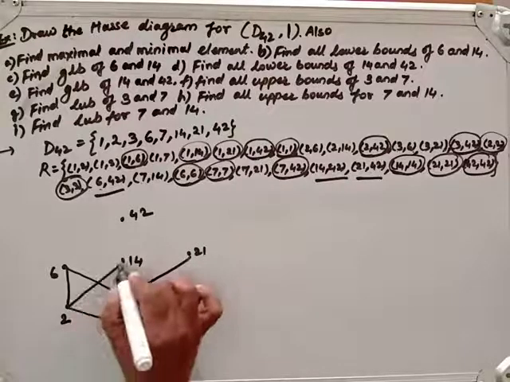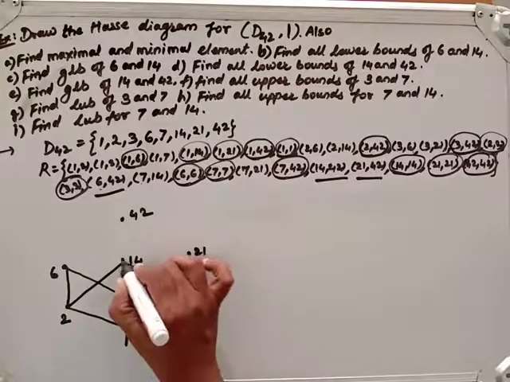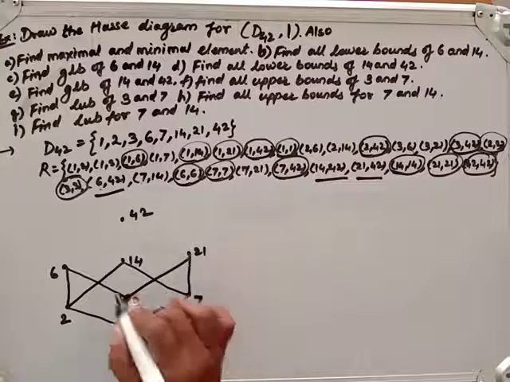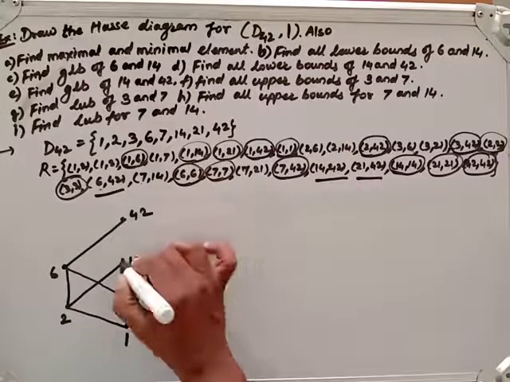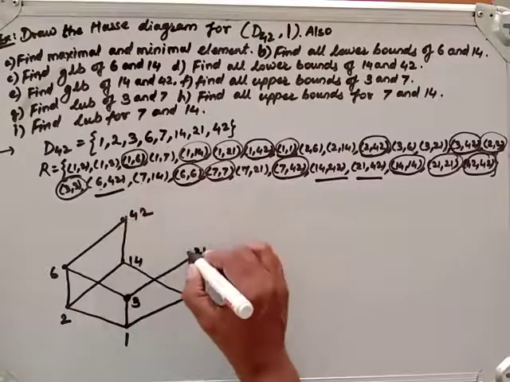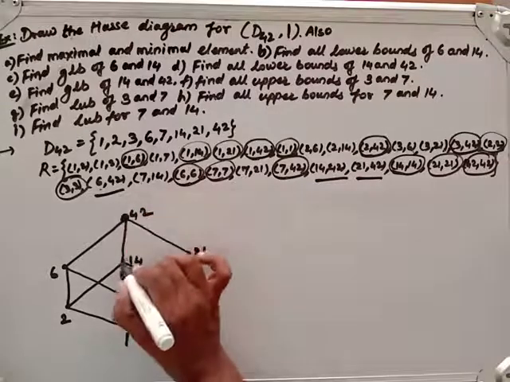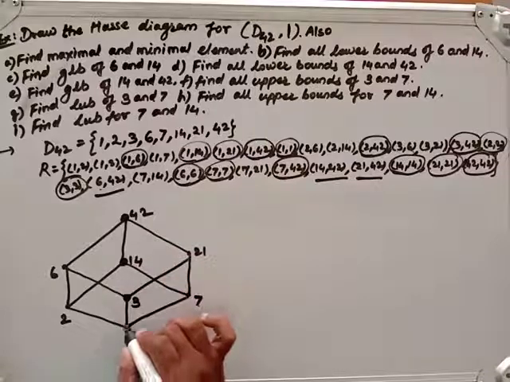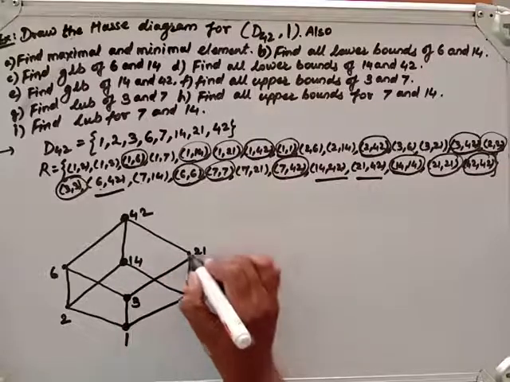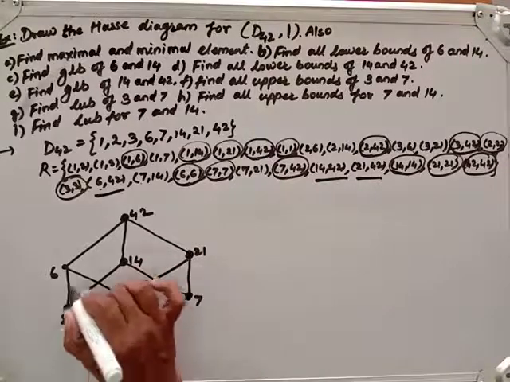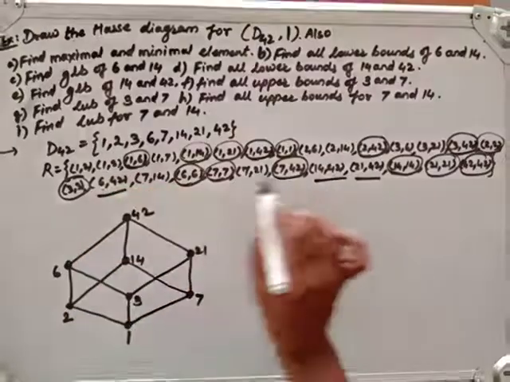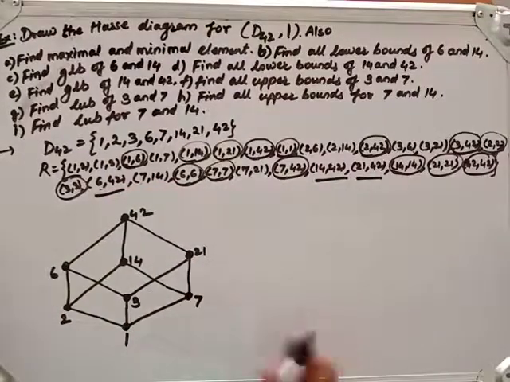Now 7 related to 14, 7 related to 21, 6 related to 42, 14 related to 42, 21 related to 42. As such, we get the Hasse diagram for this question. These are the vertices. This is our Hasse diagram. Only these non-transitive pairs remain and we have drawn a relation for them.